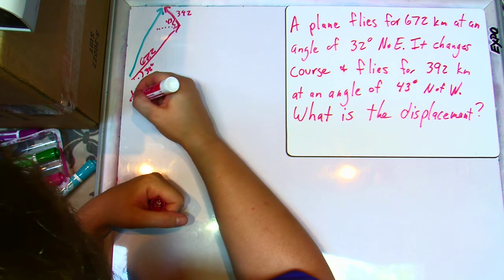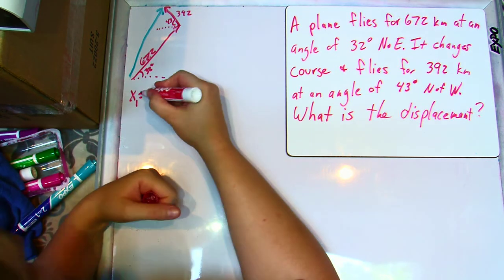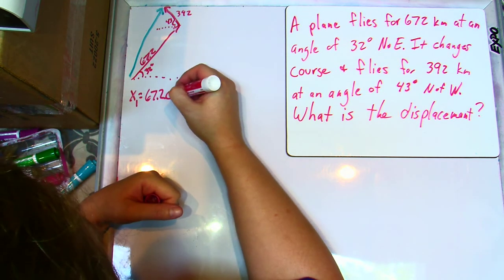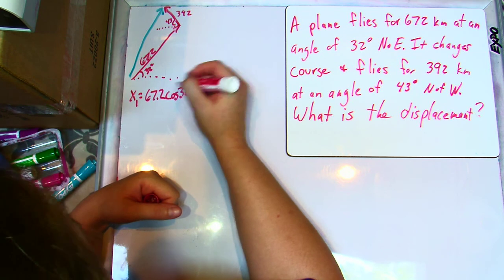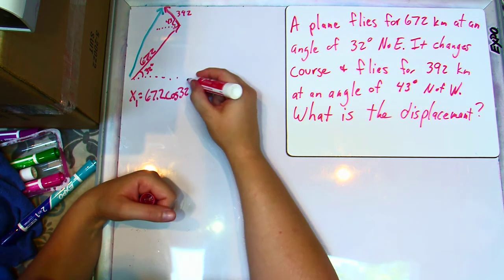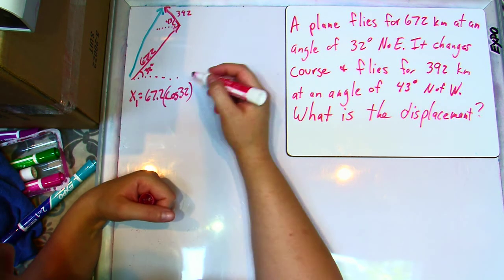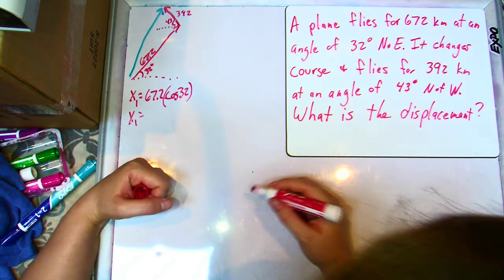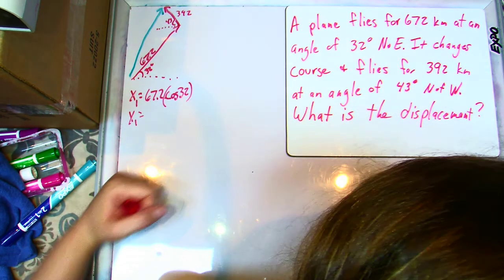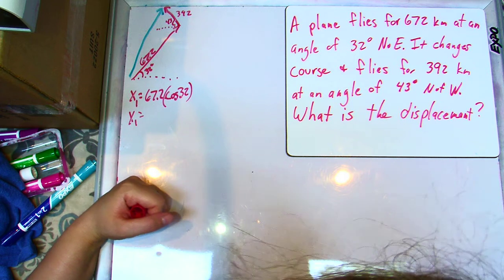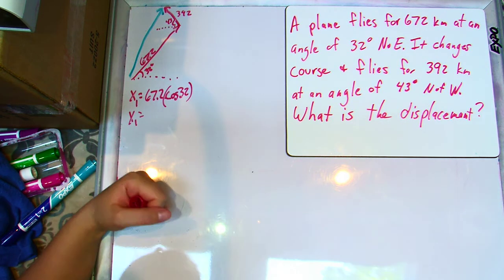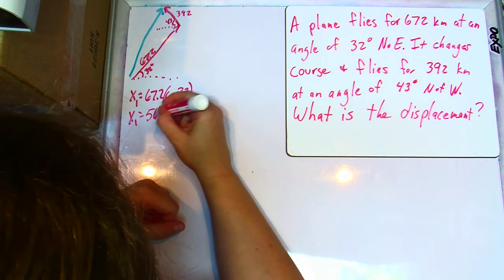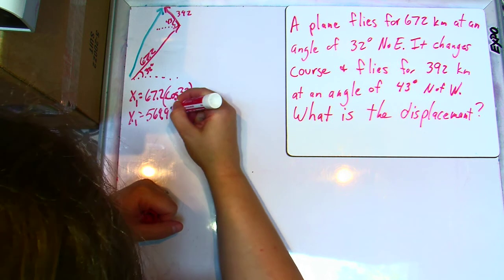We have x1 equals our hypotenuse, 672 cosine of 32. And that will give us 569.9 kilometers.